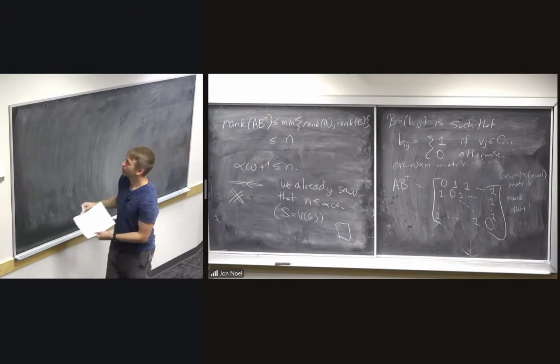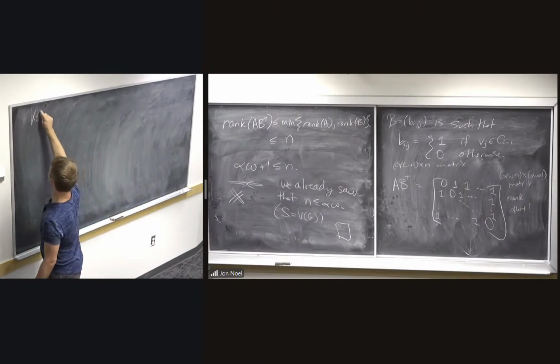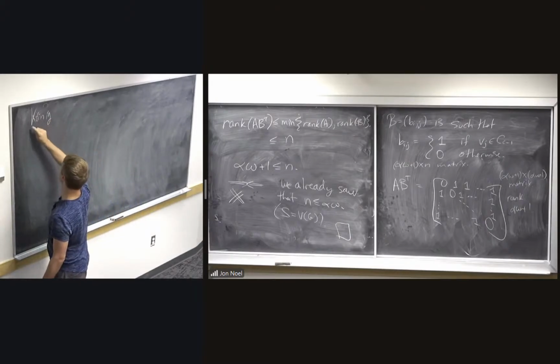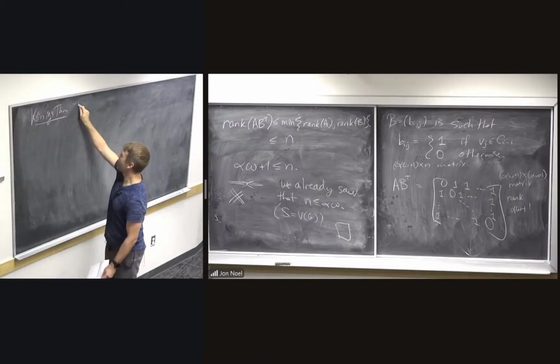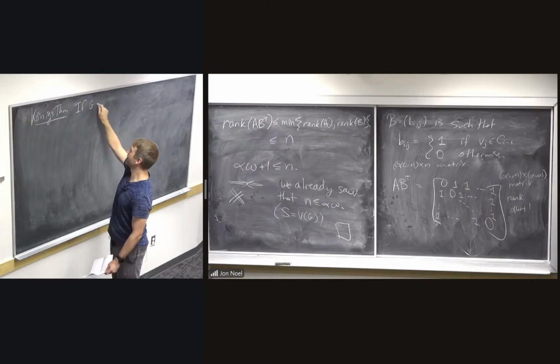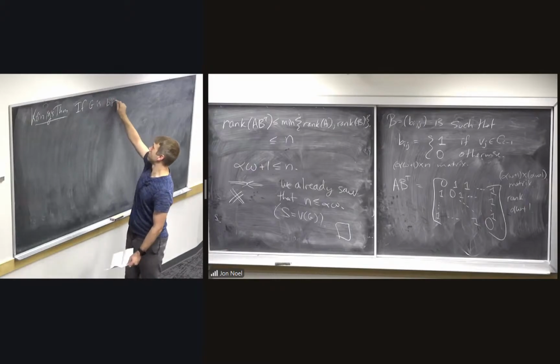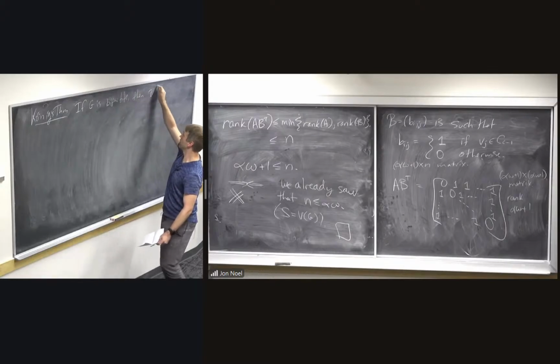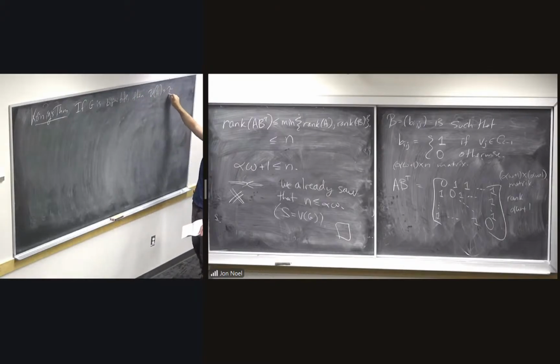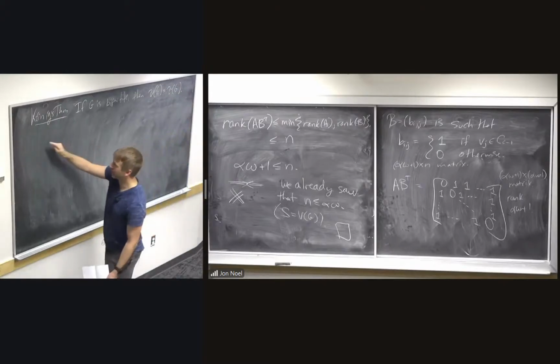Right, so Koenig's theorem was that if G is bipartite, then the matching number equals the vertex cover number. And here's another proof.